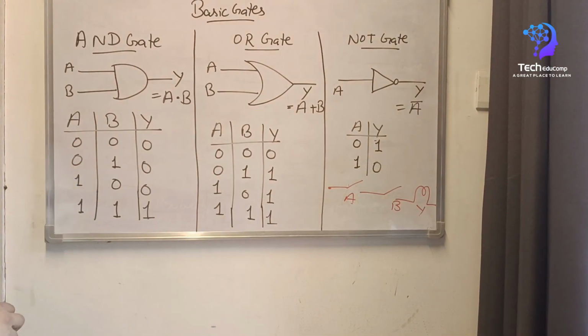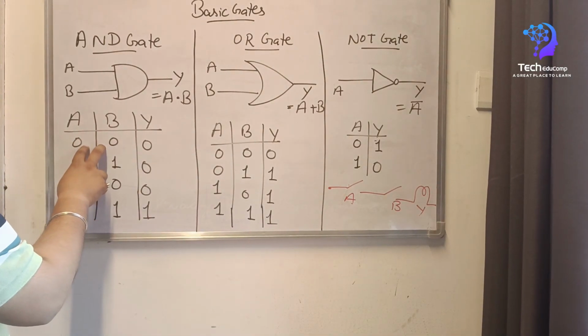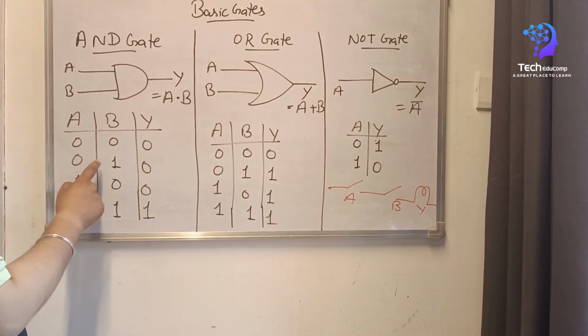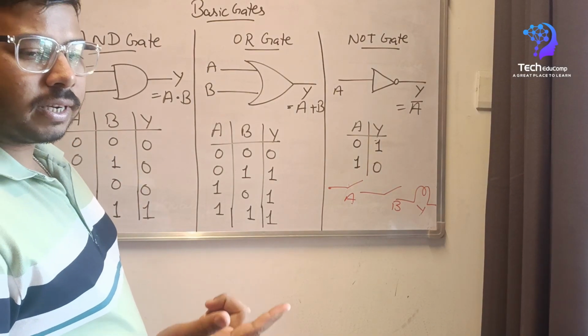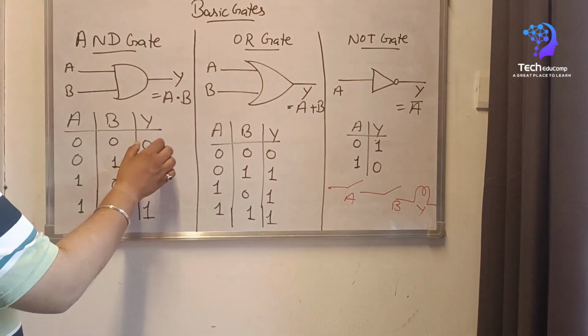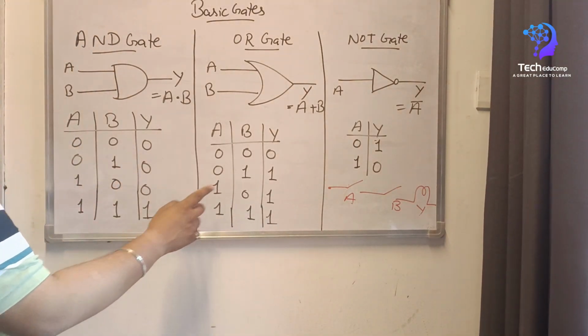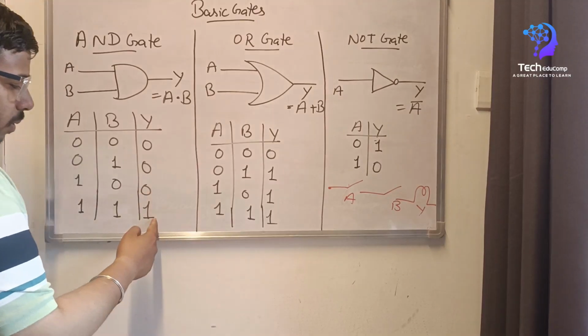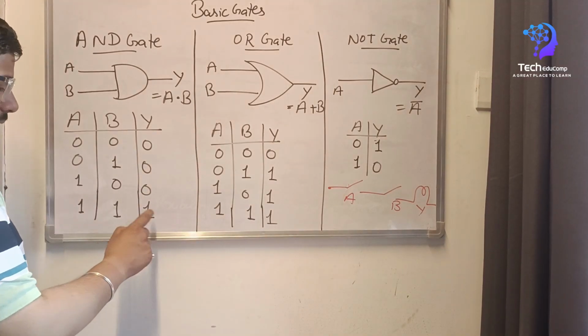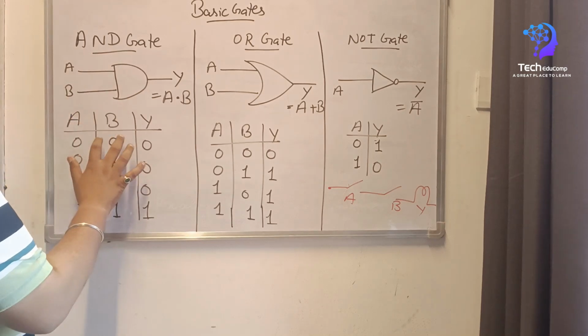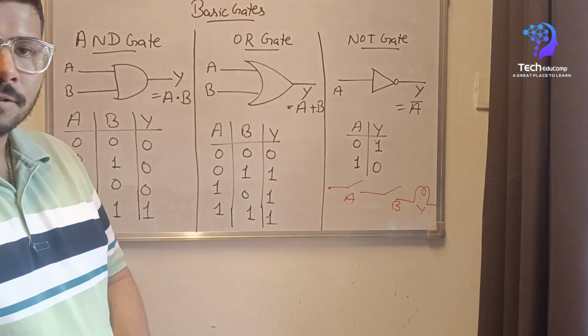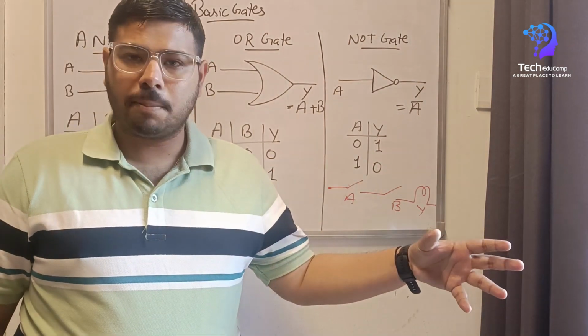Either both can be logically low, one is low and one is high, one is high and one is low, or both can be high. According to this, the output will come. When both the inputs are high, then only we will get the output. So this is the AND gate, where we simply multiply two inputs.